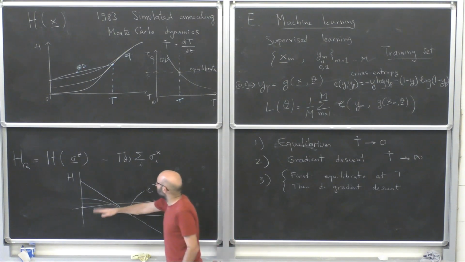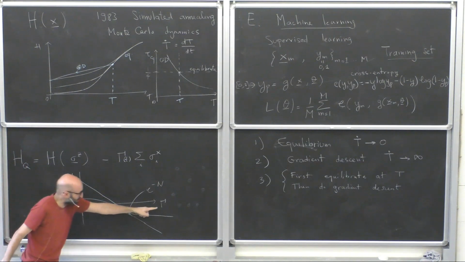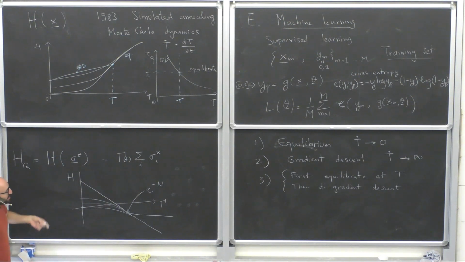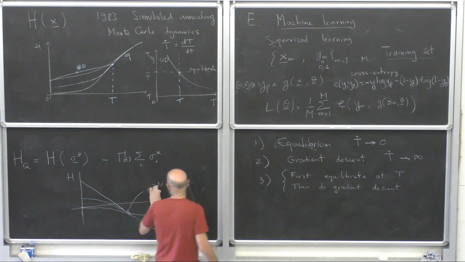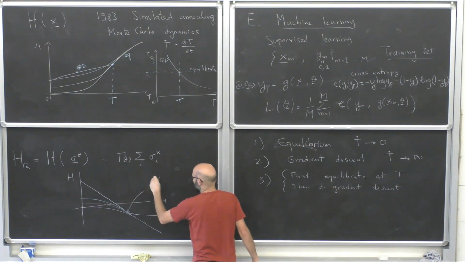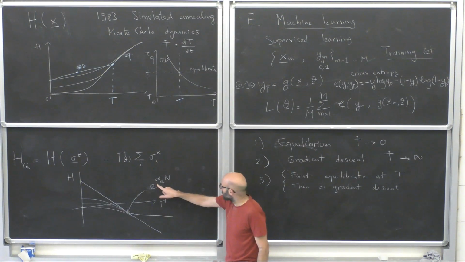The question is exactly the same as here, with transverse field playing the role of temperature. You can ask, for example, about the prefactor: the time it takes for quantum annealing is given by exponential of n with a prefactor.